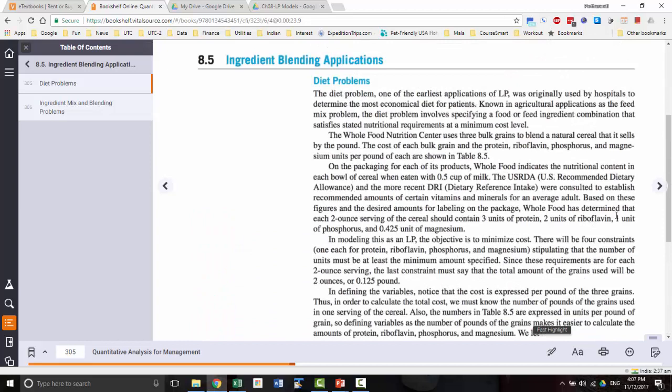Based on the US recommended dietary allowance, the company has determined that each 2-ounce serving of cereal should contain 3 units of protein, 2 units of riboflavin, 1 unit of phosphorus, and 0.425 units of magnesium.